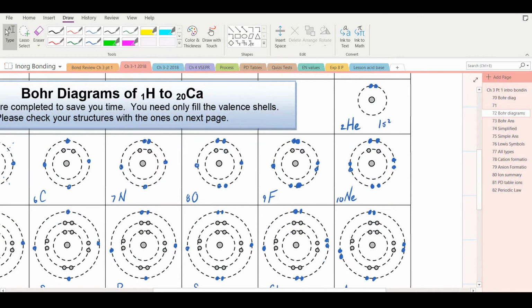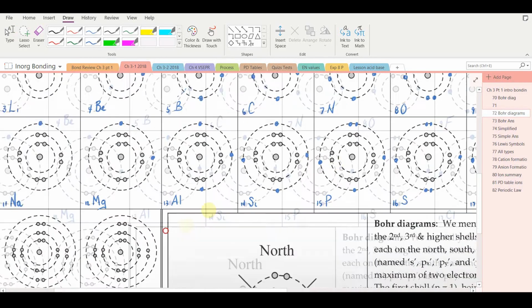Other elements try to gain electrons, like the non-metals, to fill their valence shell, or the metals try to lose electrons to empty the outer shell so that the next shell will be a full octet, similar to the nearest noble gas.